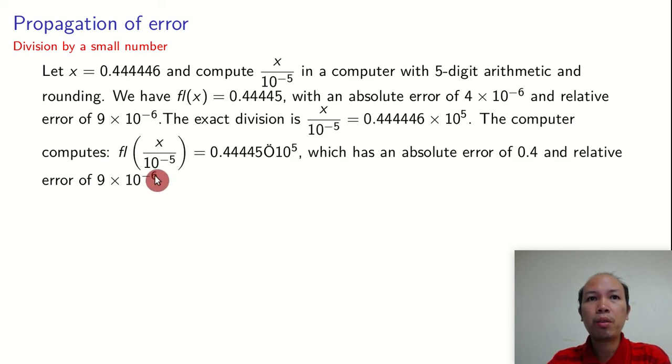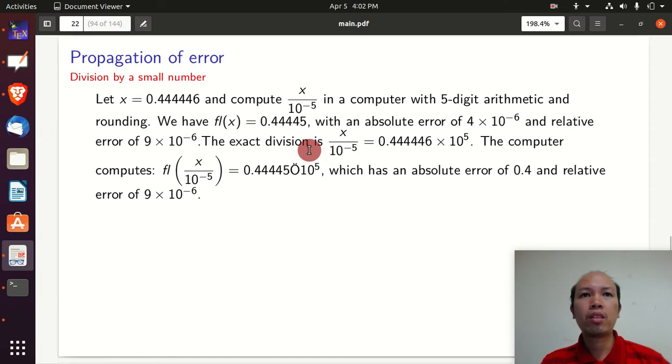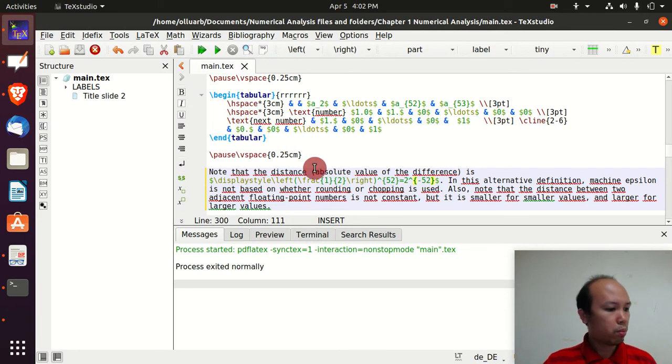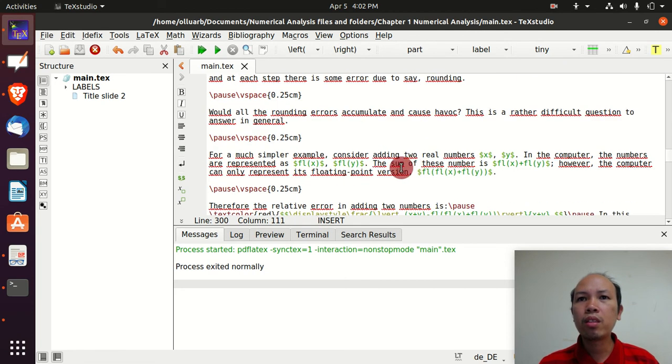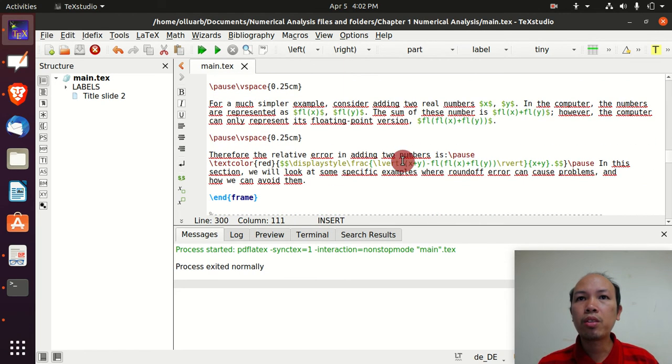So what will be the result if we are using a computer? I think I made a mistake here. This should be times. Sorry. Let's go back to propagation of error.